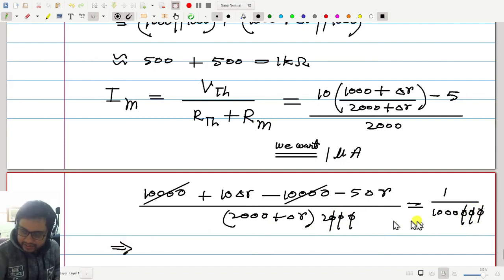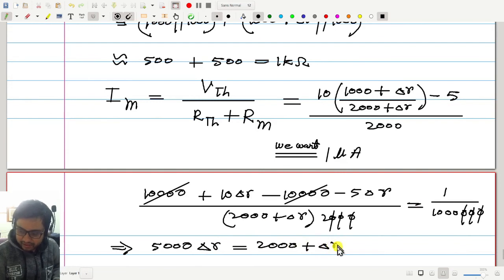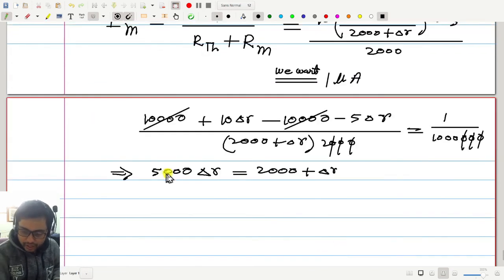That implies 1000 into (10 delta R minus 5 delta R), so 5 delta R into 1000, so 5000 delta R will be equal to (2000 plus delta R) into 2.